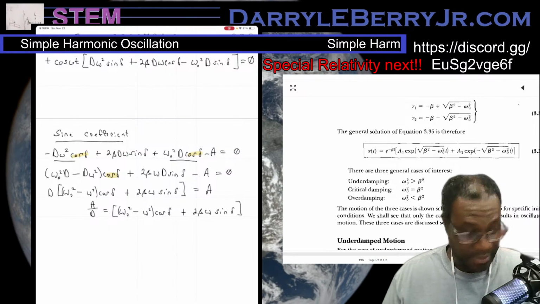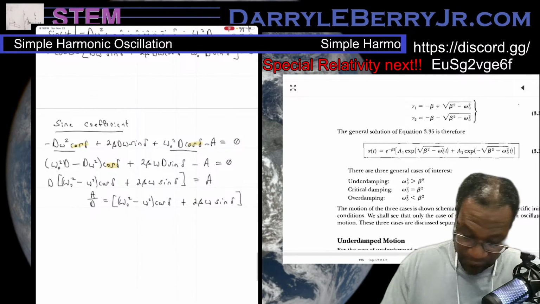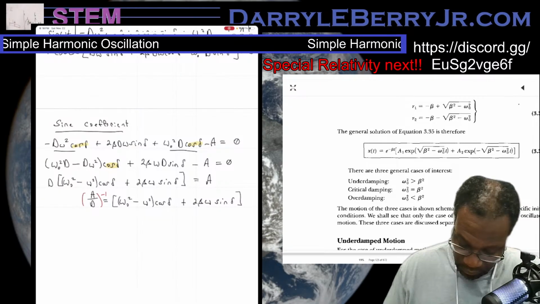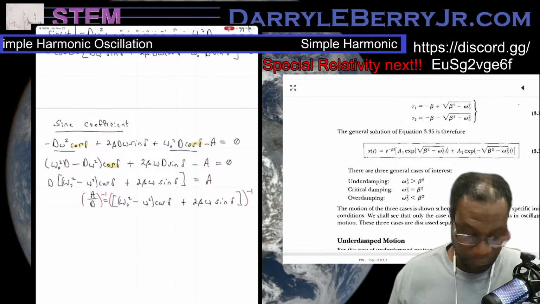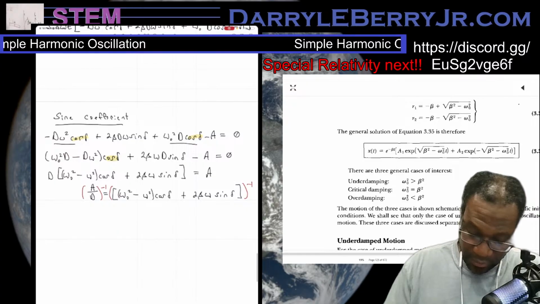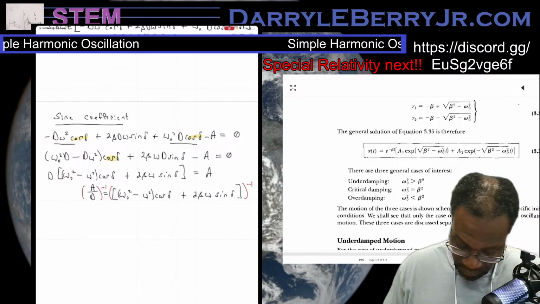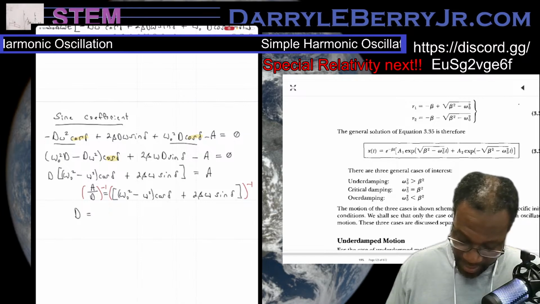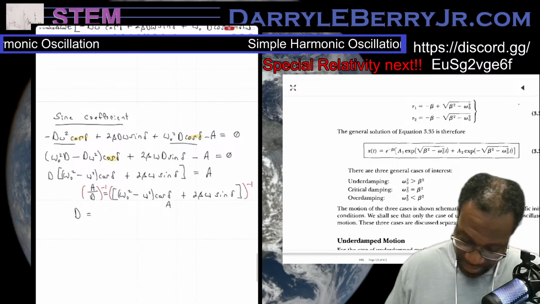So I could invert this whole thing. And we can say that D equals, so if I invert that, A is in the denominator now, and I can multiply to the other side.